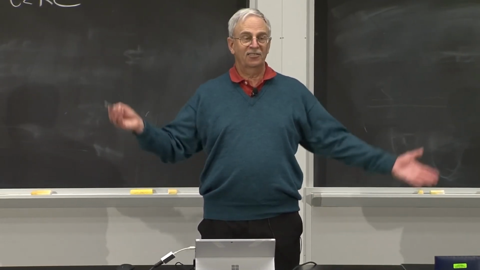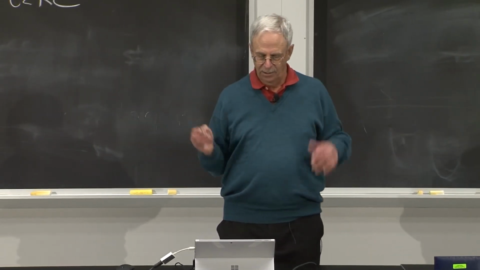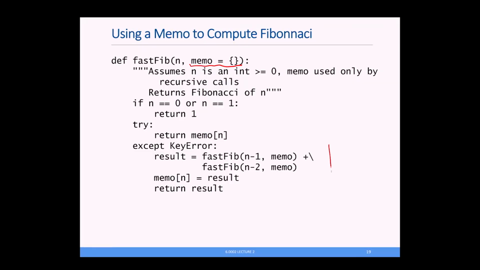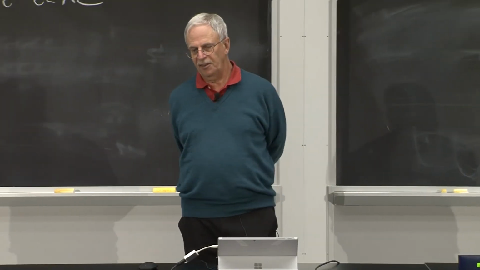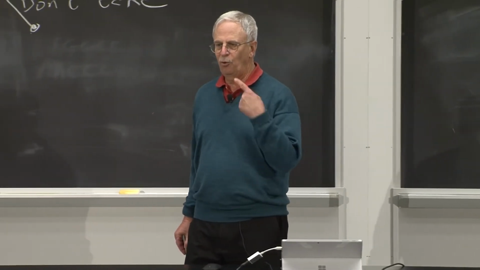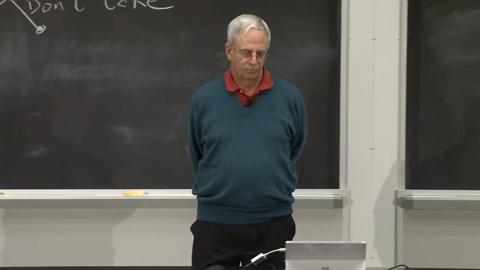If it's not there, an exception will get raised. We know that. And it will branch to here, compute the result, and then store it in the memo and return it. So it's the same old recursive thing we did before, but with the memo.